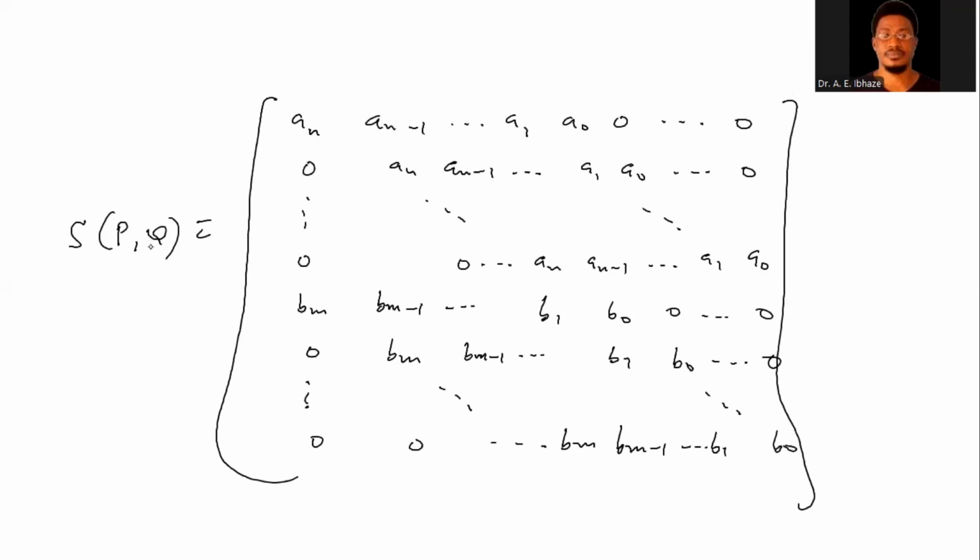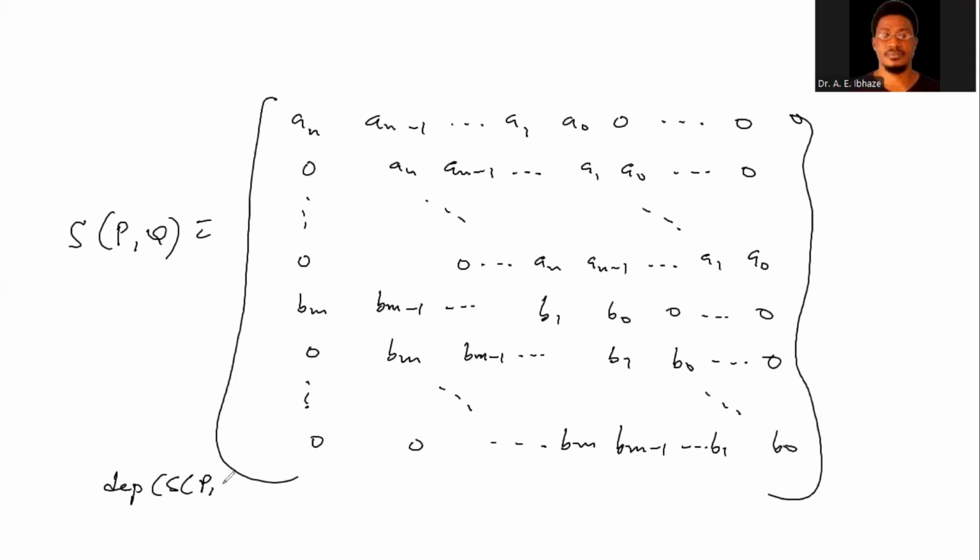So this gives us the Sylvester matrix derived. So the first m rows come from P(x), each shifting the coefficients to the right. Then the last n come from Q(x), similarly shifted. So the determinant of the matrix is called the resultant, okay? And by interpolation, if the determinant of S_PQ is 0, then it means that P(x) and Q(x) have a common root.